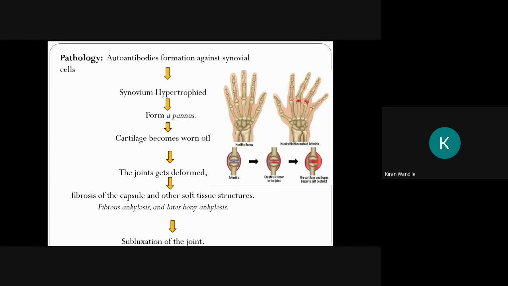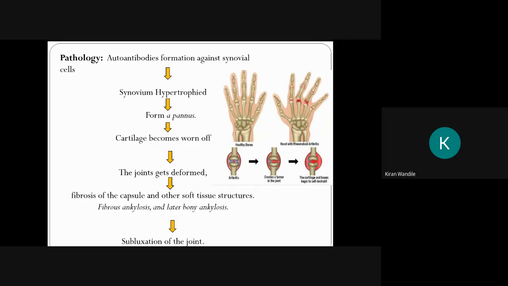And when this cartilage is worn off, the raw bone surface is exposed, the joint starts getting deformed, and this deformation is again precipitated by the fibrosis of the capsule and other soft tissue structures, and ultimately it may end up in fibrous ankylosis, and fibrous ankylosis then gets converted into bony ankylosis, and there can be subluxation of the joint because of the deformed joints.